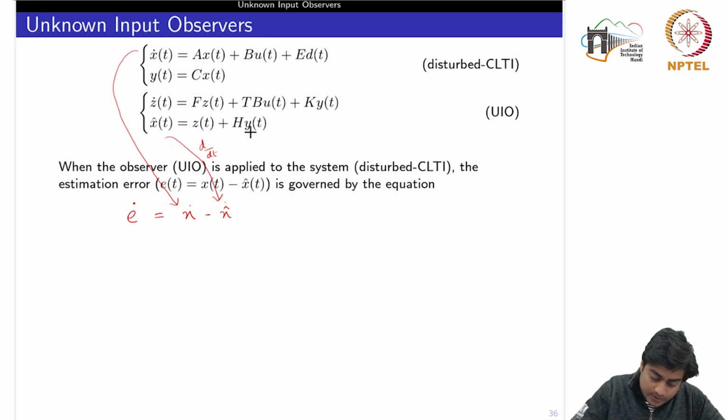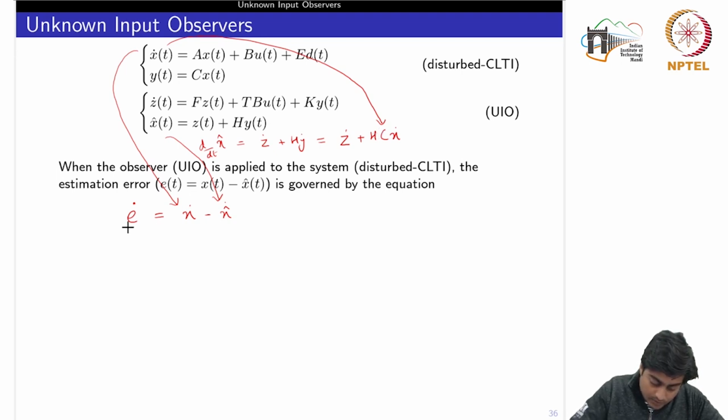In the output equation, the additional term I would get is x hat dot equal to z dot plus H y dot. Since y is equal to Cx, I can replace y dot by C x dot. Then again I can substitute x dot here.